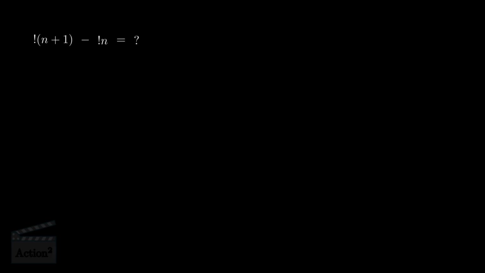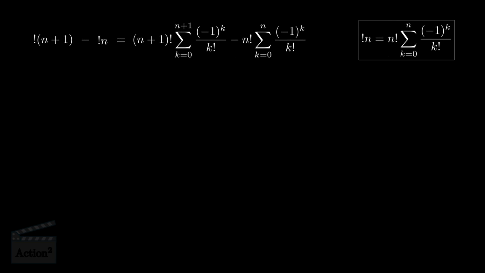Now let's find the difference between subfactorial of n plus 1 and subfactorial of n. Applying the formula of the subfactorial of n to both terms leads to n plus 1 factorial times the sum from k equals 0 to n plus 1 of -1 to the power of k over k factorial, minus n factorial times the sum from k equals 0 to n of -1 to the power of k over k factorial.